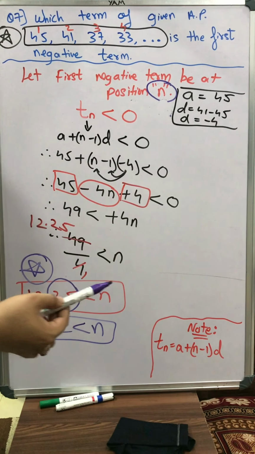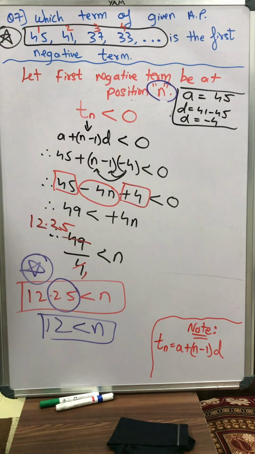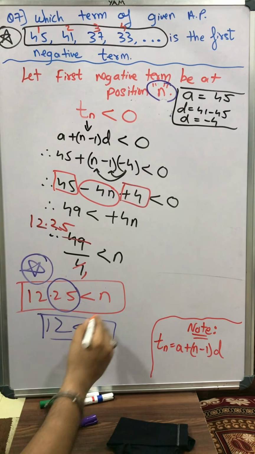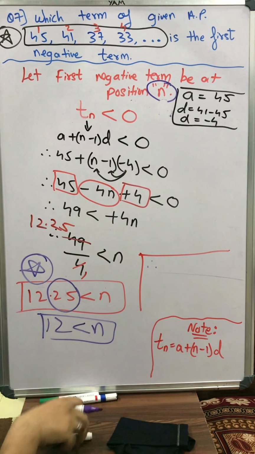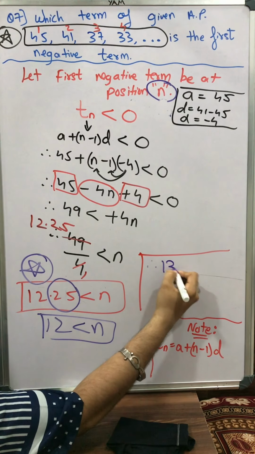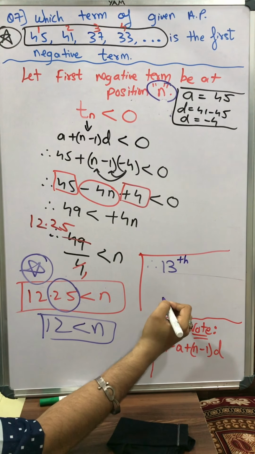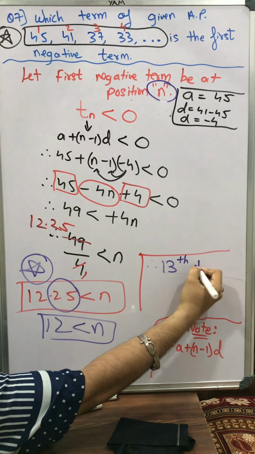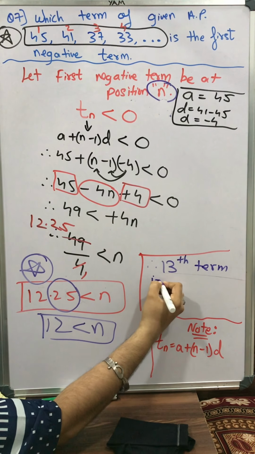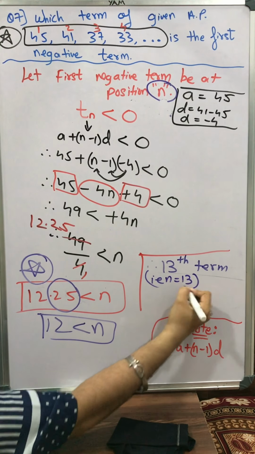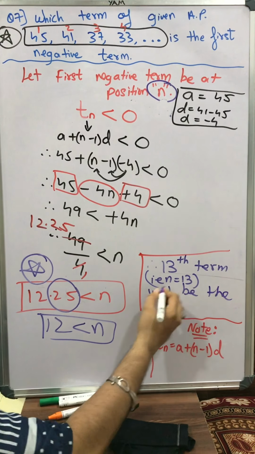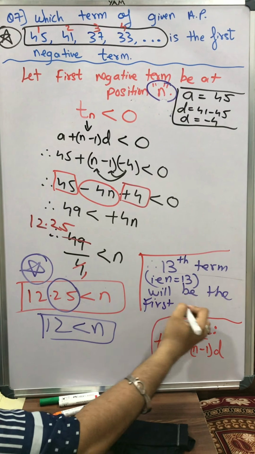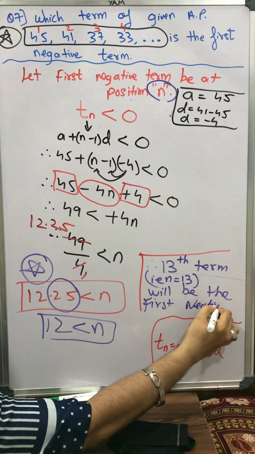So after 12, what number is coming? 13. After 12, 13 comes. Therefore the 13th term, that is n equal to 13, will be the first negative term.